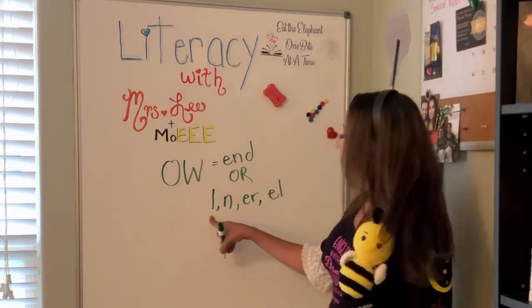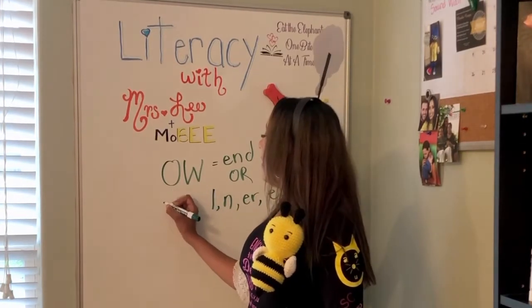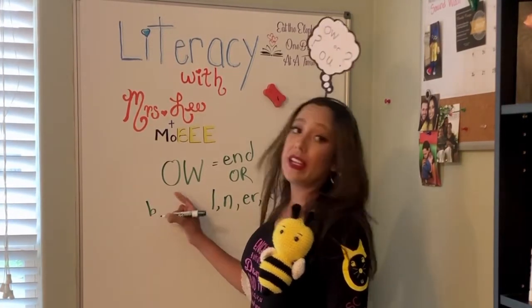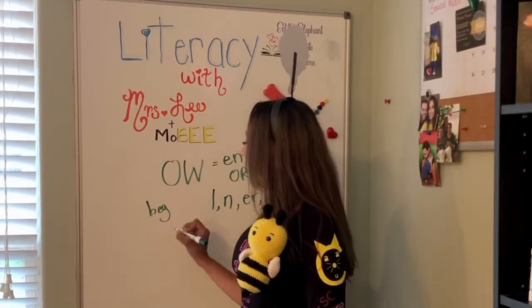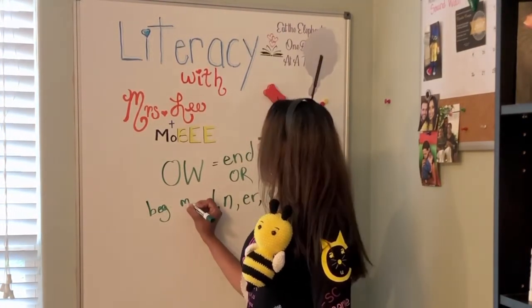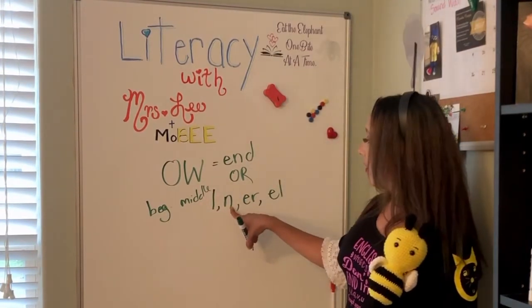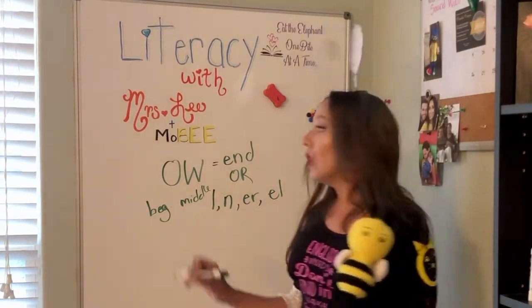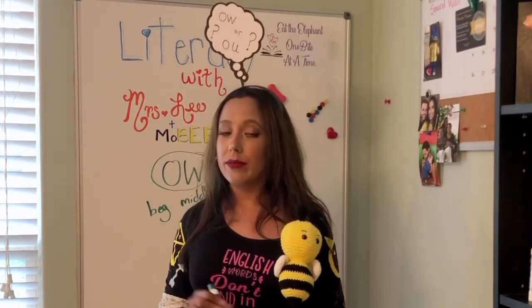If you hear these and you have this ow sound in the beginning or in the middle, and it ends in an L, N, ER, or EL, you're going to spell it with an OW.